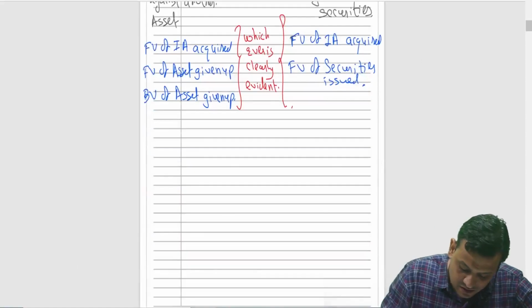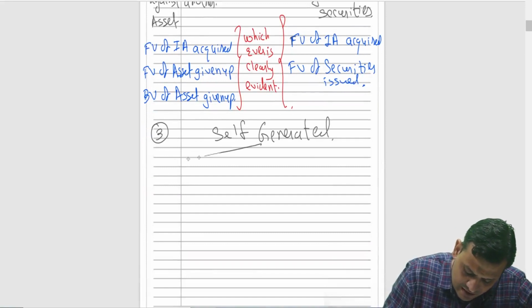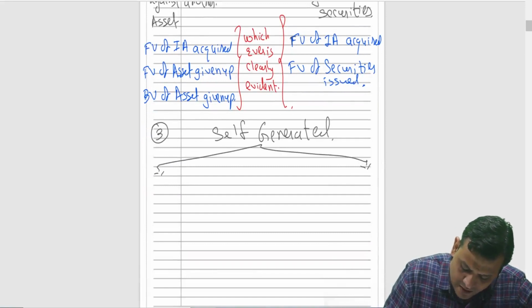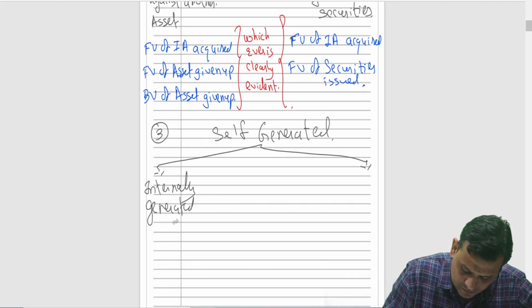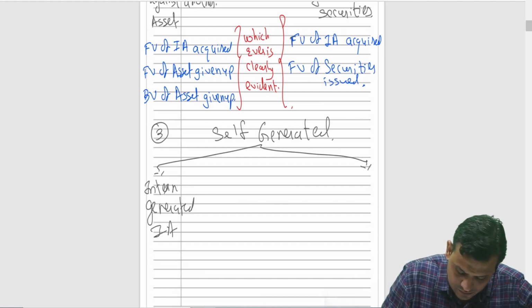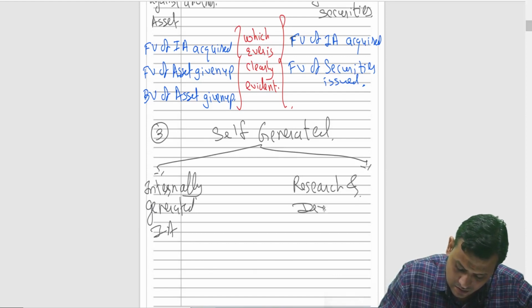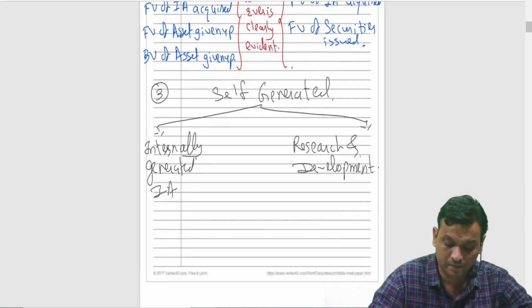Then comes internally generated, or self-generated. Self-generated will bifurcate into two parts. The first is internally generated intangible assets, and then research and development.